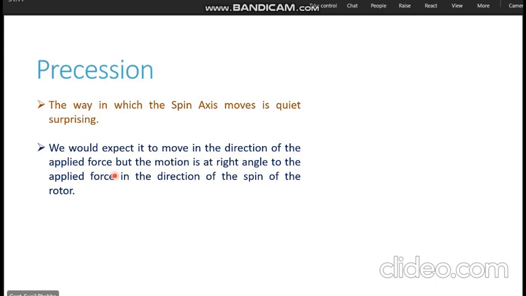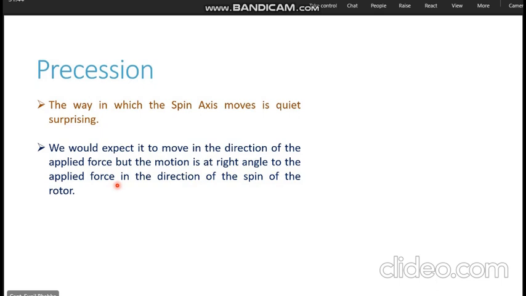Let us say you have a chair placed in your room and you push it in a certain direction, the chair is going to move in that direction in which you are pushing it. So we would expect the spin axis to move in the direction of the applied force. But the motion is not in that direction. The motion is at right angles to the applied force.